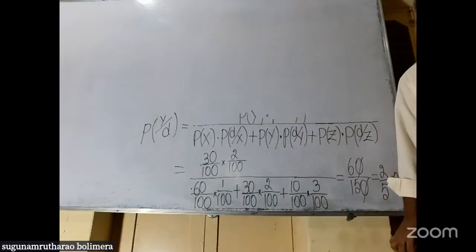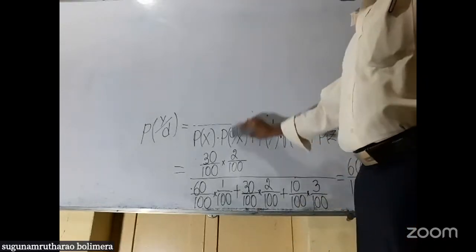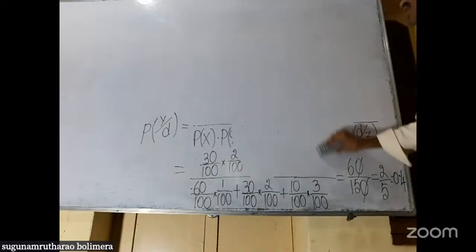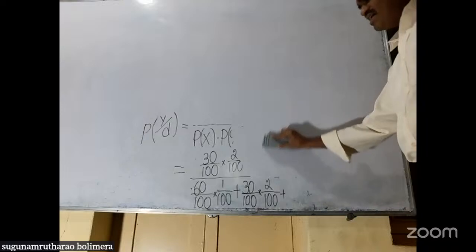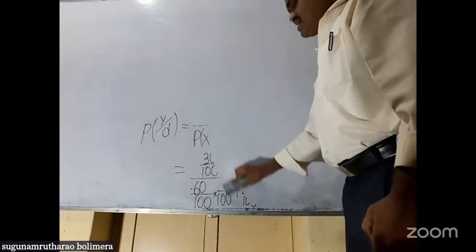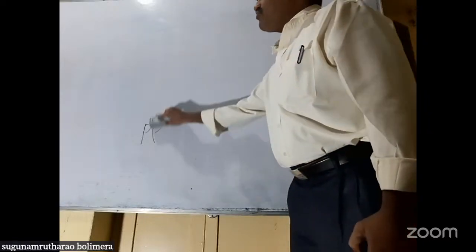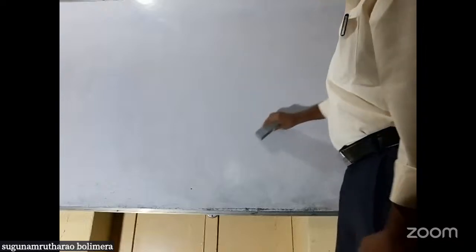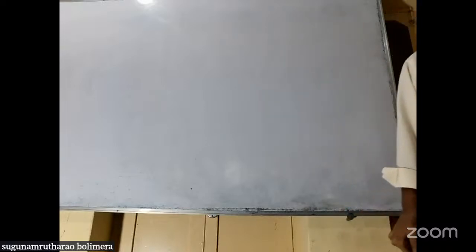Next question. In a housing society, half of the families have one child per family.